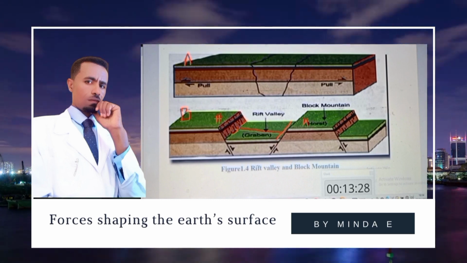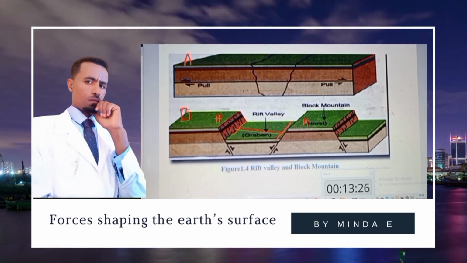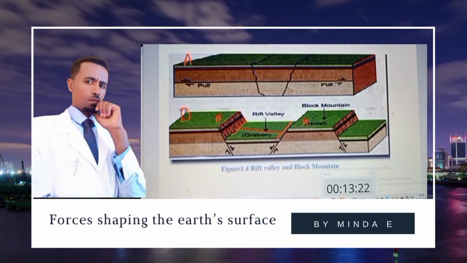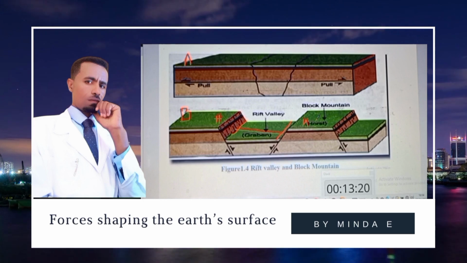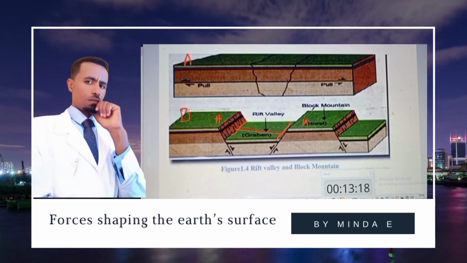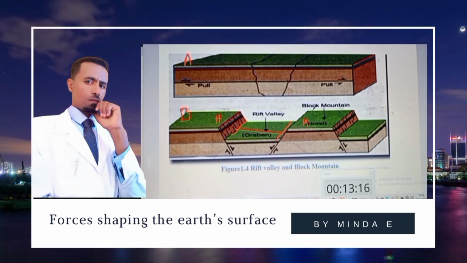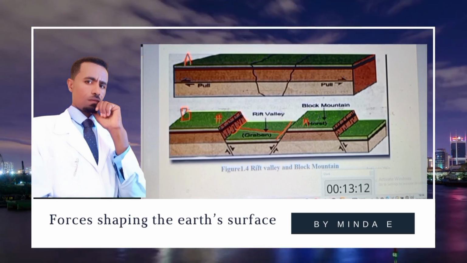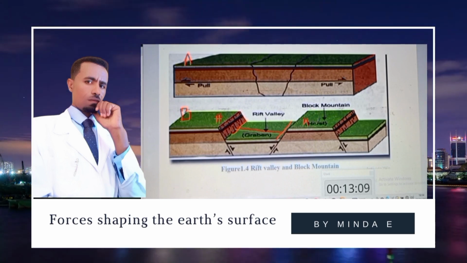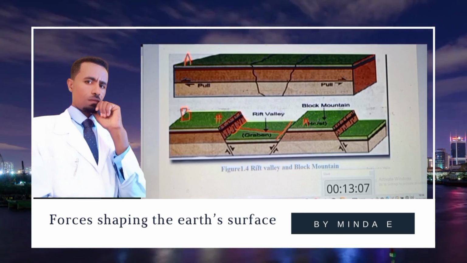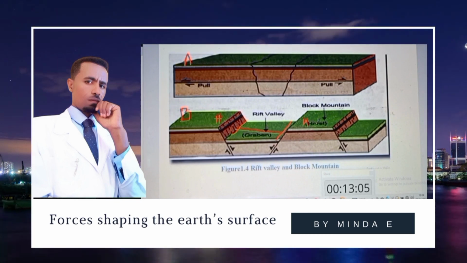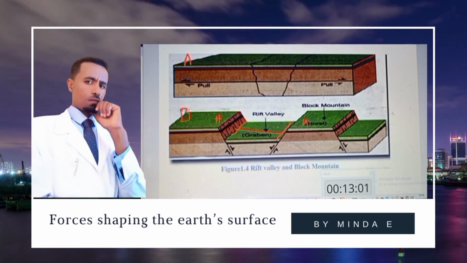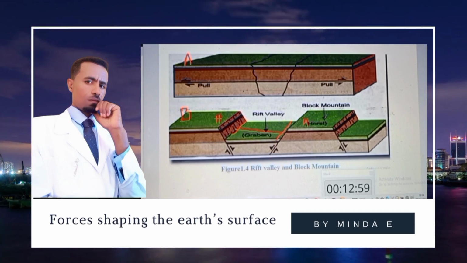And the two sides of the Rift Valley, this point and this point, are known as Fault Mountain or Block Mountain. Block Mountain is formed when the land surface is uplifted, and Rift Valley is formed when the land surface sinks down.